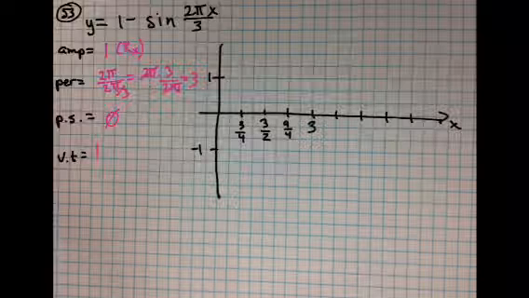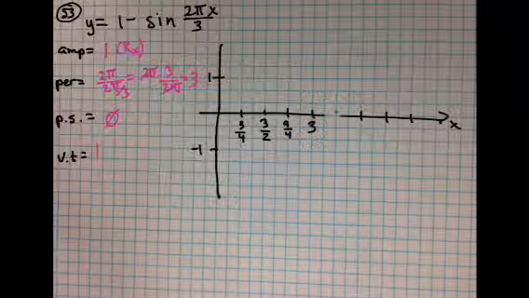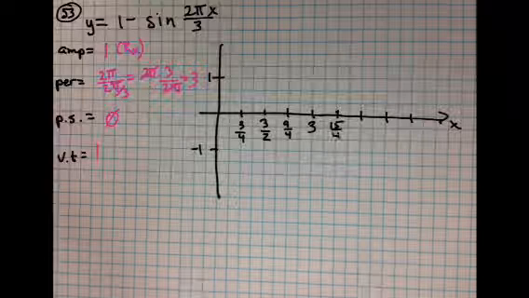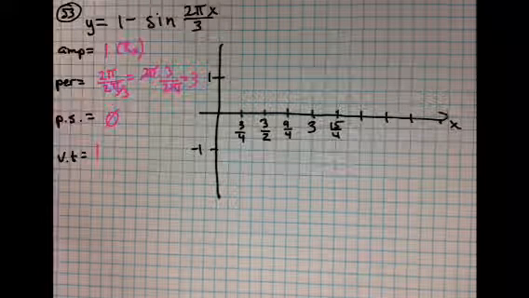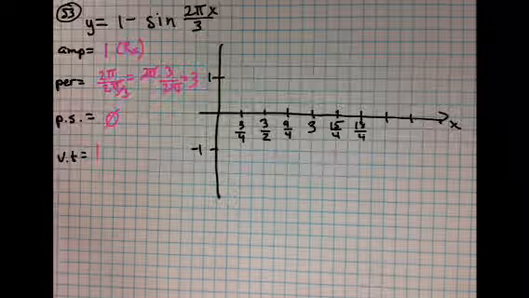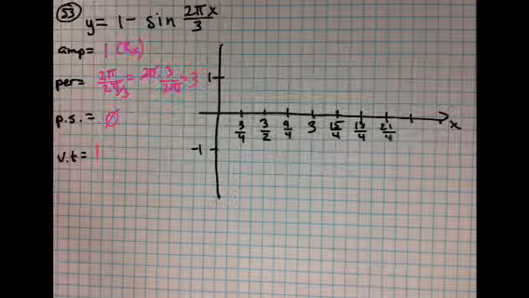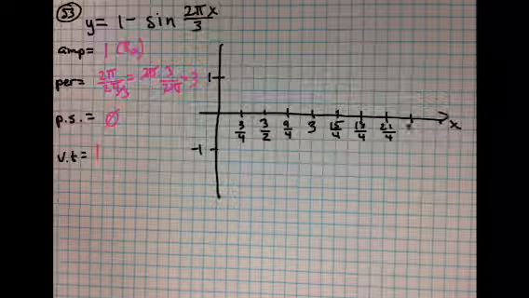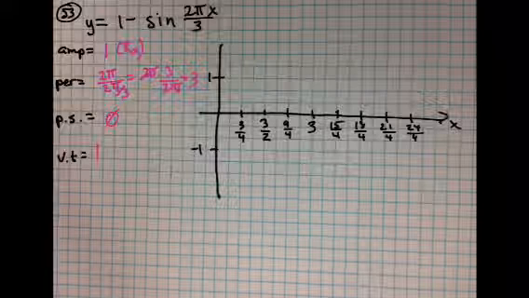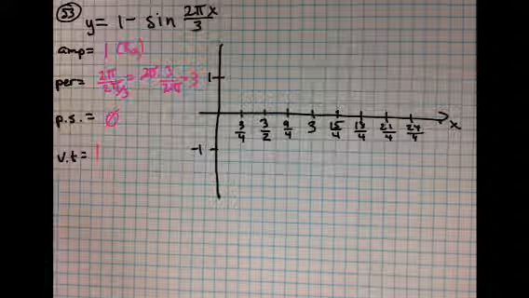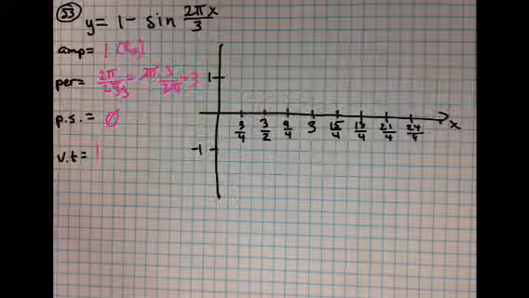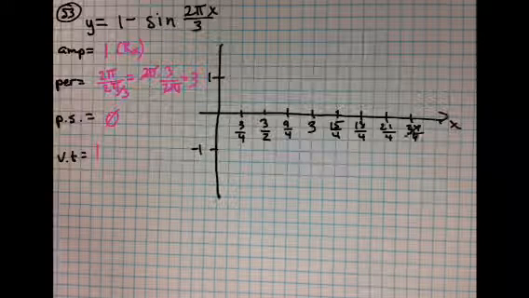So I'm going to add 3/4 so that I get 15/4. And I'm just going to be adding 3/4 on. So this would be 18/4, 21/4, and 24/4, which is 6, right? Which makes sense because it's 2 periods. One is 3 units, so 2 periods would be 6 units. So if you want, you can get rid of that one and put 6.